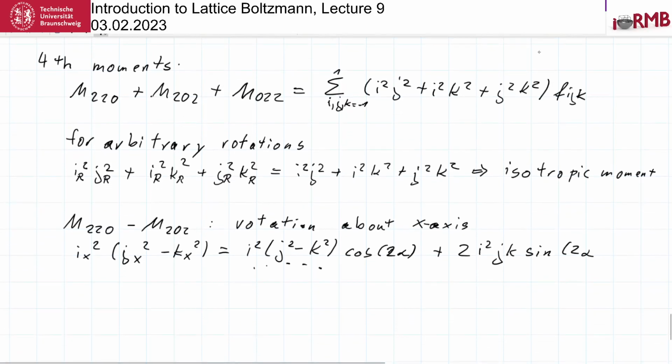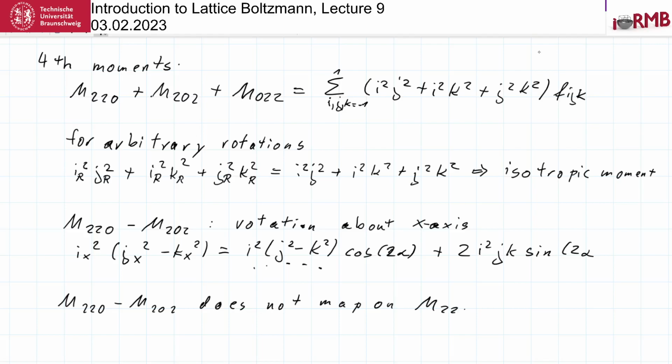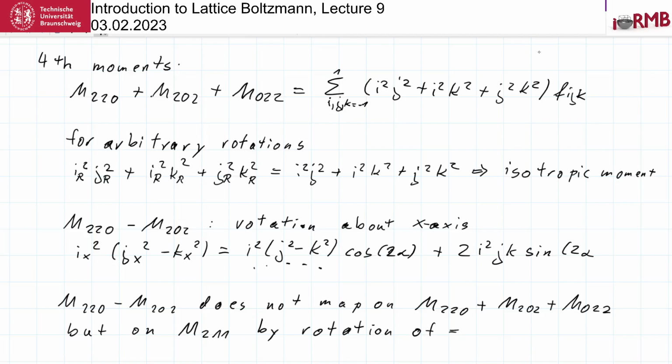So, meaning that M220 minus M202 does not map onto M220 plus M202 plus M022, but onto M211 by rotation of alpha equal to quarter pi again.